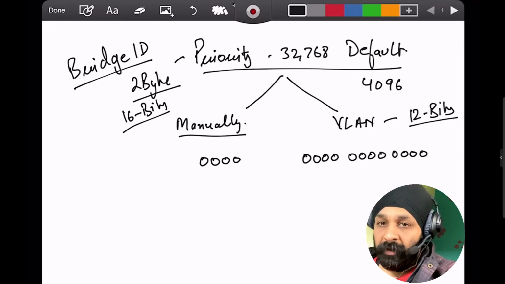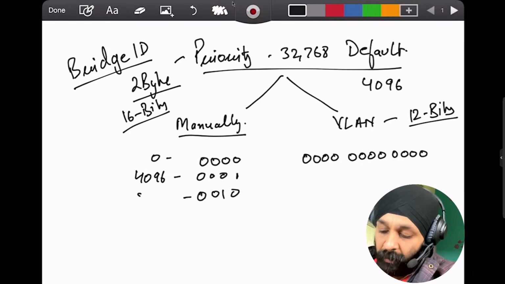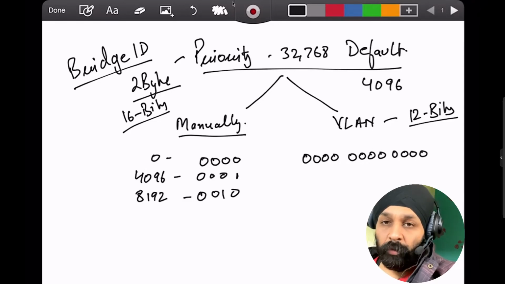Now, if you were to look at this, VLAN 0 to 4095, what happens to the next one? 1 comes here. So essentially, if 1 is here, this becomes a value of 4096. So priority 0 being the highest, next is 4096, and the next is 8192, and so on and so forth.